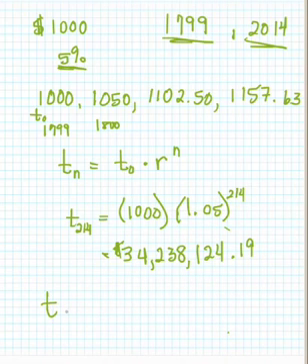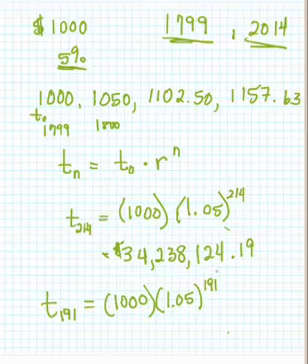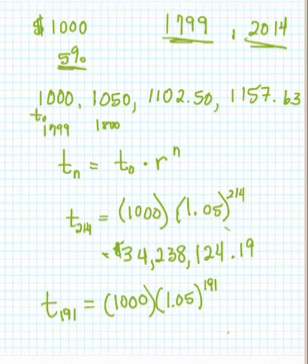So T sub 191 is going to equal 1,000 times 1.05 to the 191. Let's just try that. 1,000 times 1.05 raised to the 191. Look at that. Hot dog. Yep, just a little over $11 million.